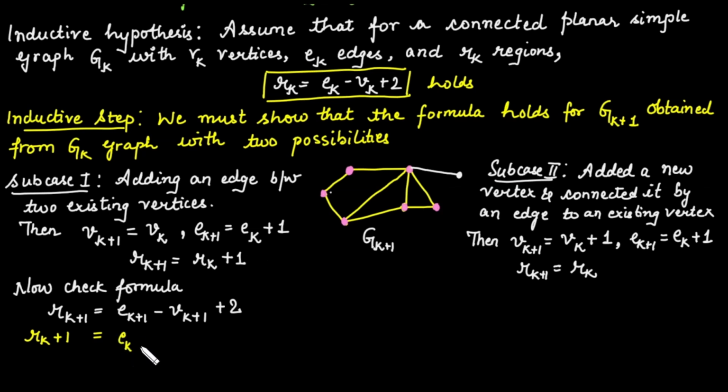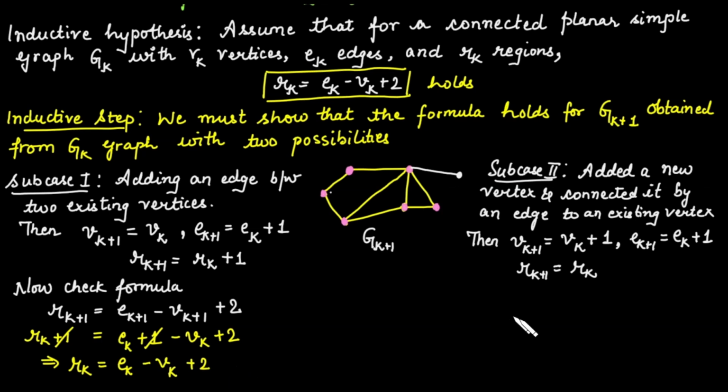Edges are number of edges in a previous case plus 1 minus vertices are as it is plus 2. Simplify this. This plus 1 and this plus 1 get cancelled. From here we have RK is equal to number of edges in a GK graph minus number of vertices in a GK graph plus 2.